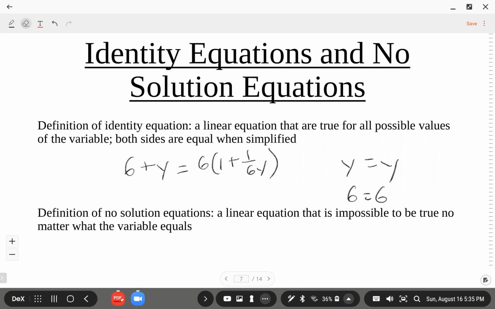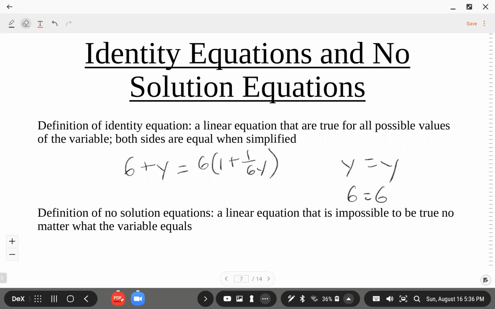Well, then the answer would be all possible values for the variable, or all real numbers, okay? And then we have no solution equations. For identity equations, the solution is all numbers, right? And no solution equations don't have a solution, okay? So 0 numbers.